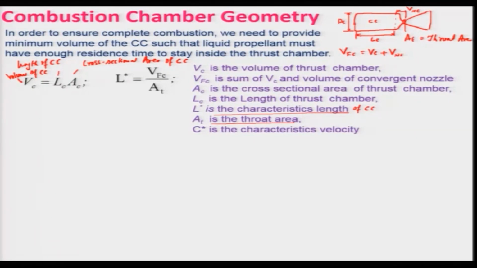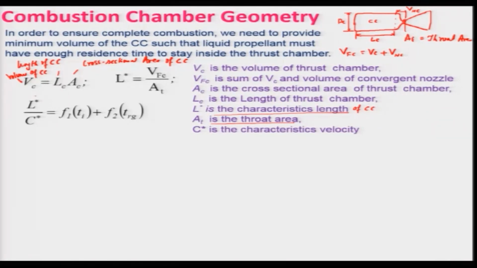Earlier, people considered that combustion might be taking place till the end of that, so that volume has to be considered in defining the characteristic length. The characteristic length can also be related to the characteristic velocity.